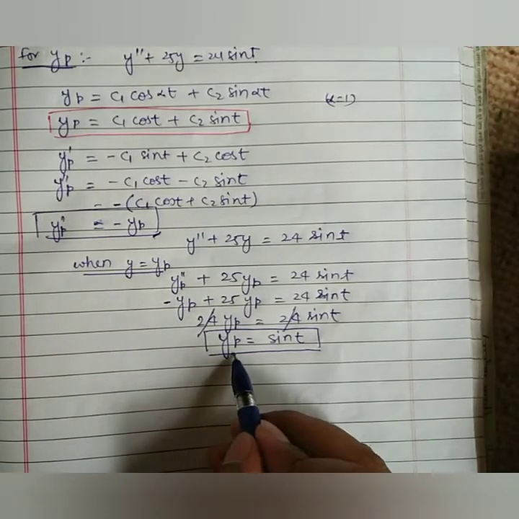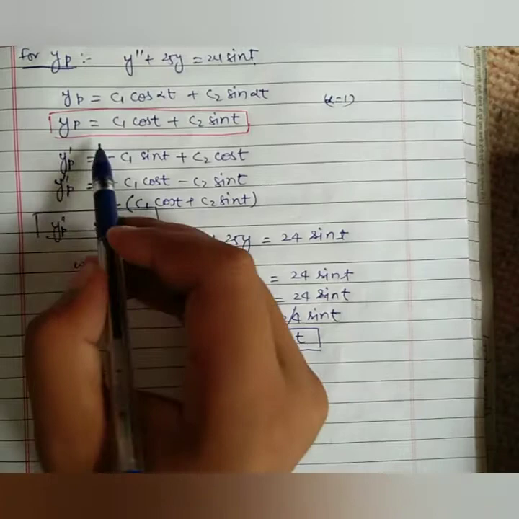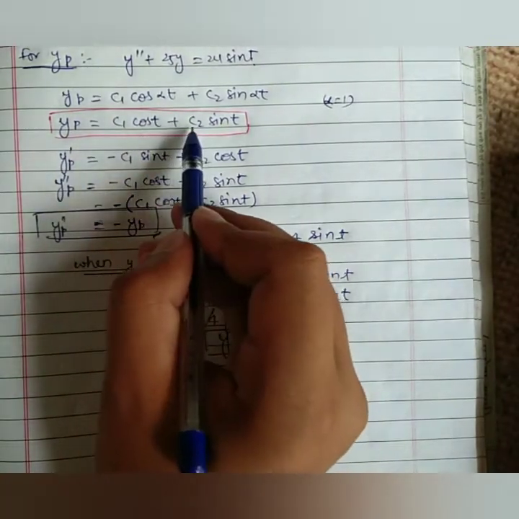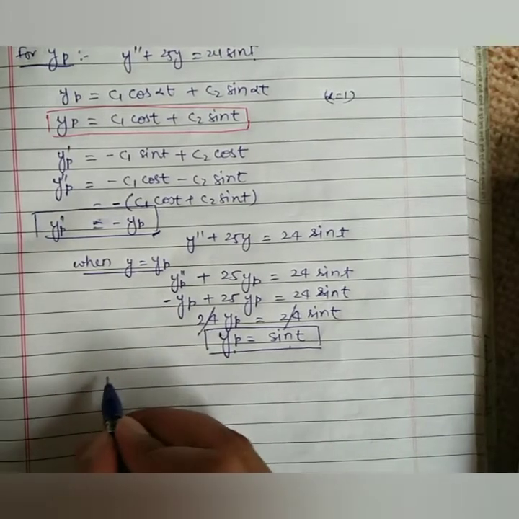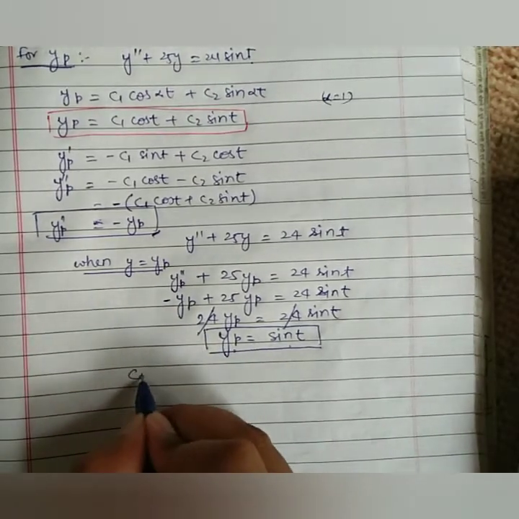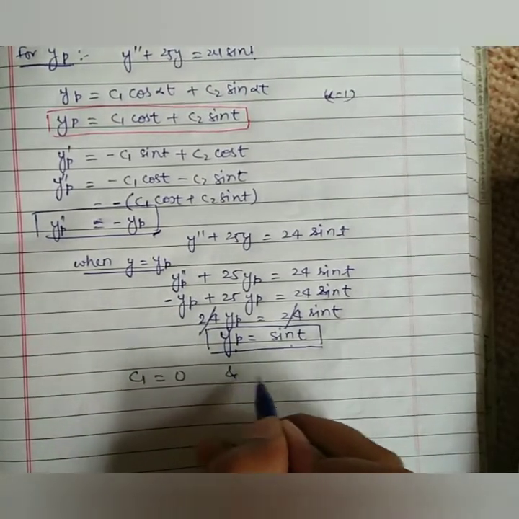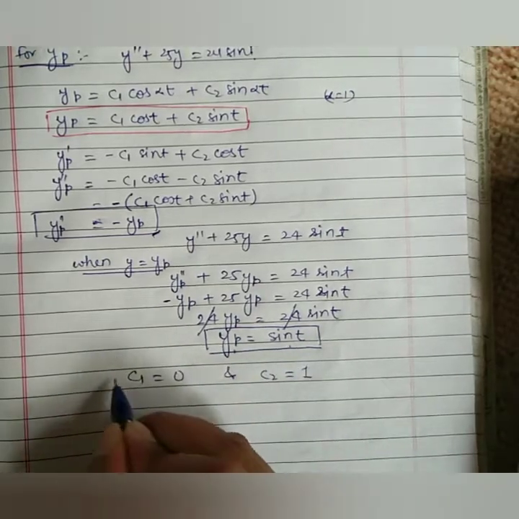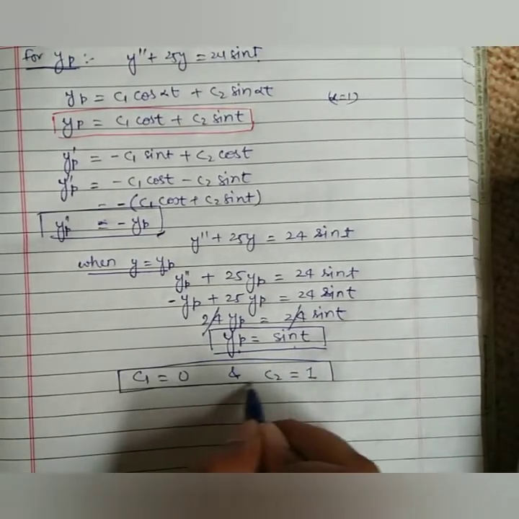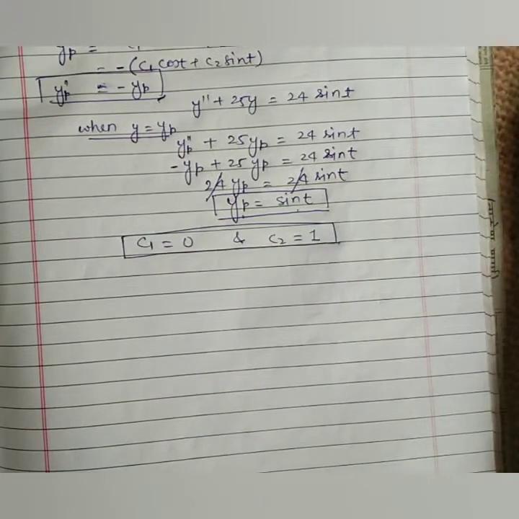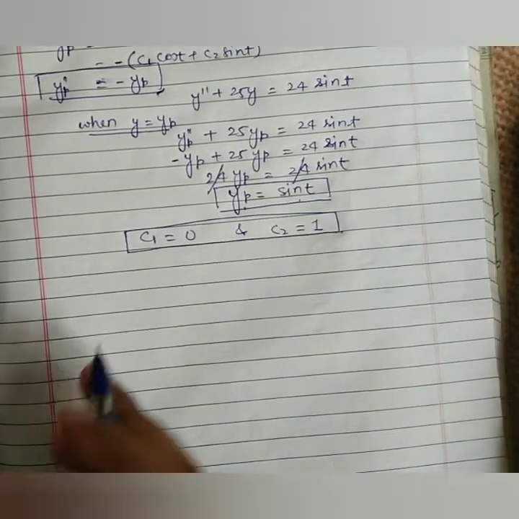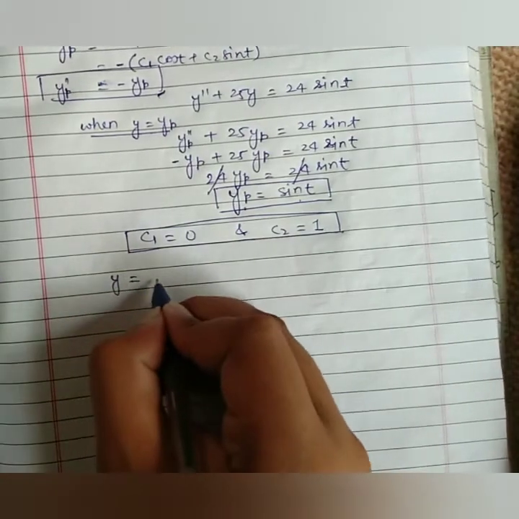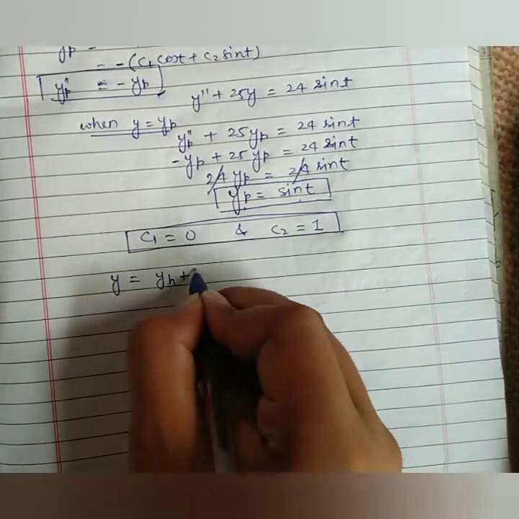Now if we compare yp equals sin t with yp equals c1 cos t plus c2 sin t, we can observe that c1 equals 0 and c2 equals 1. Now that we have found yp, in the earlier part of the video we had seen that y is a superposition of yh and yp.